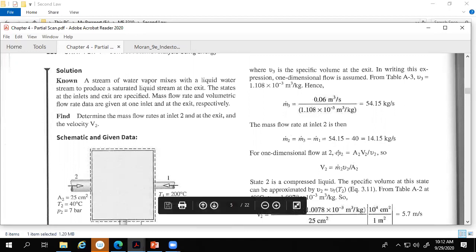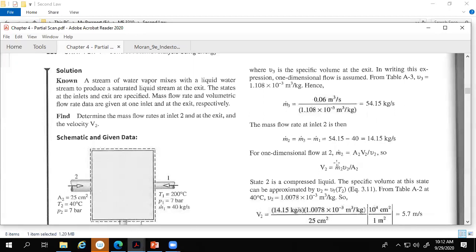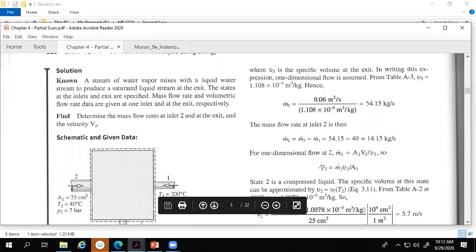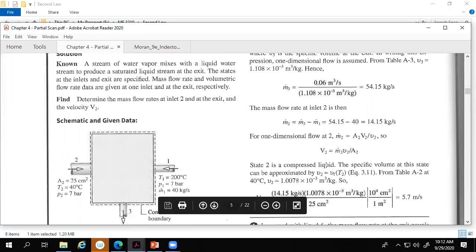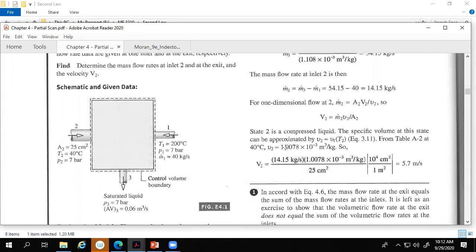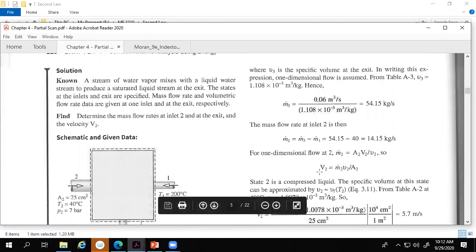And now I'm using this same relation to calculate the velocity at 2. So now I'm just going to turn it around and solve for this velocity. He gave me the area, so I don't even have to calculate area.